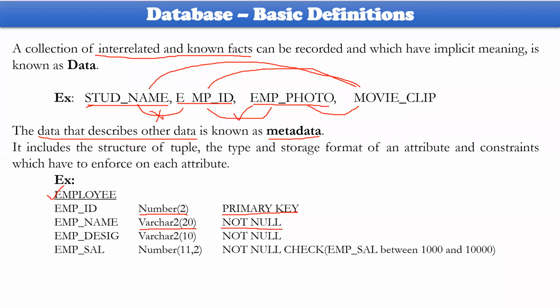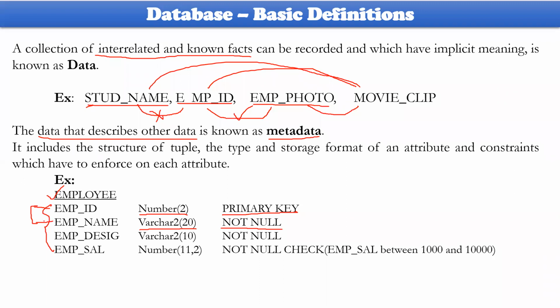Okay. However, here you can consider this whole thing as metadata. Within this metadata, employee ID and employee name, these two have an interrelation. Every employee has some employee ID. Every employee has his or her name.